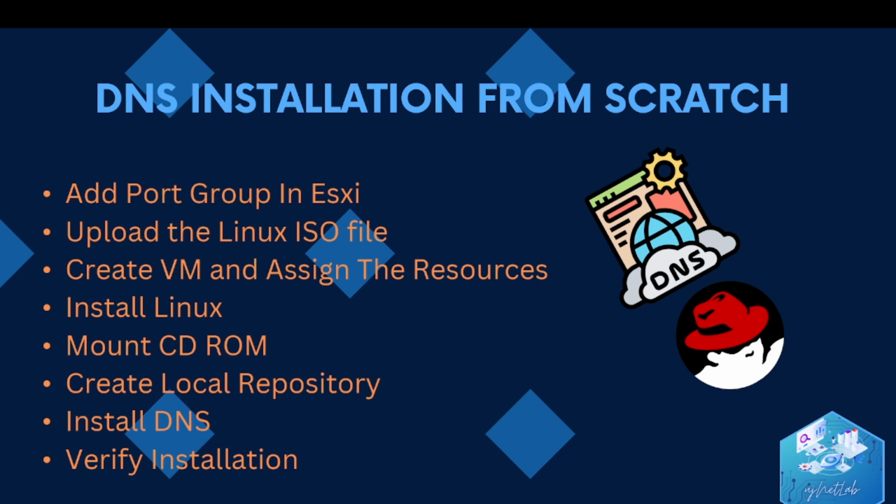Then we did the installation of Linux, and then we mounted the CD-ROM to make it a local repository, and we made the CD-ROM permanently mounted, so every time the system boots up, we can use that repository for any installation. Then we went to the installation of the DNS with the yum install command, and finally we verified whether the DNS process is running or not, and we disabled the firewall.